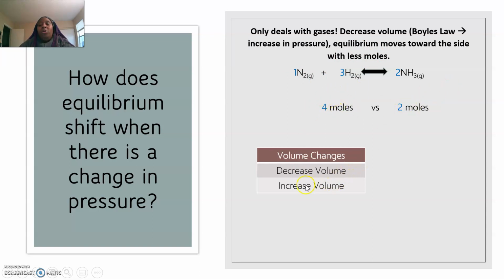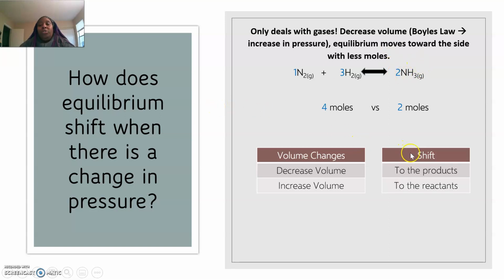Because we are increasing the volume, we have more space, so the reaction is going to shift to increase the amount it's creating. It shifts toward the reactant side, because the reactant side creates 4 moles while the product side only creates 2 moles.